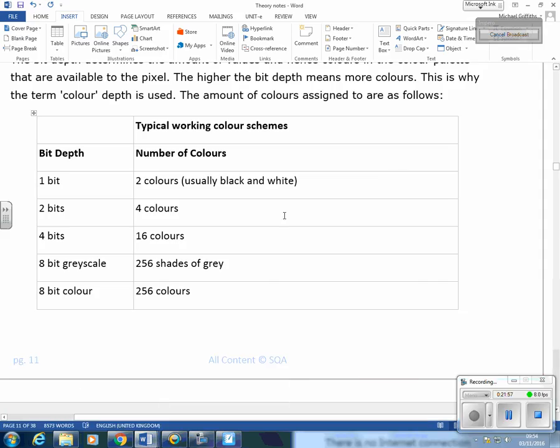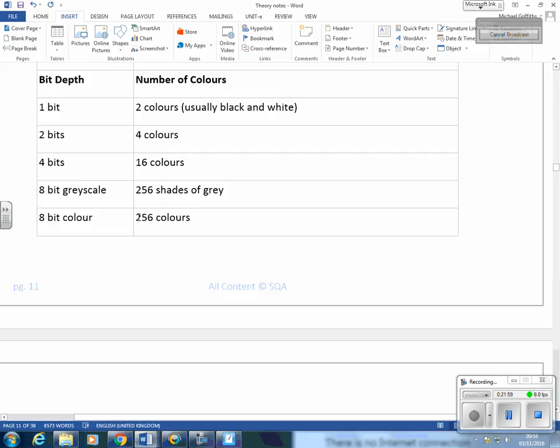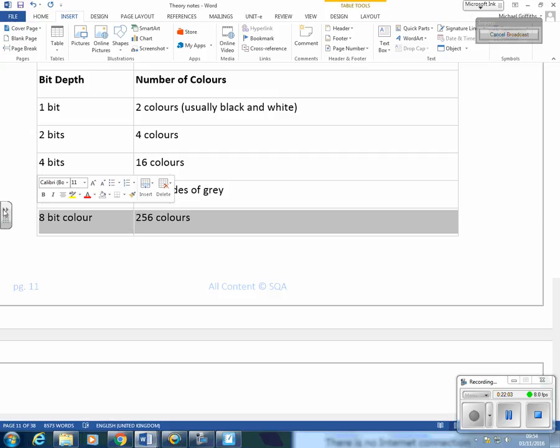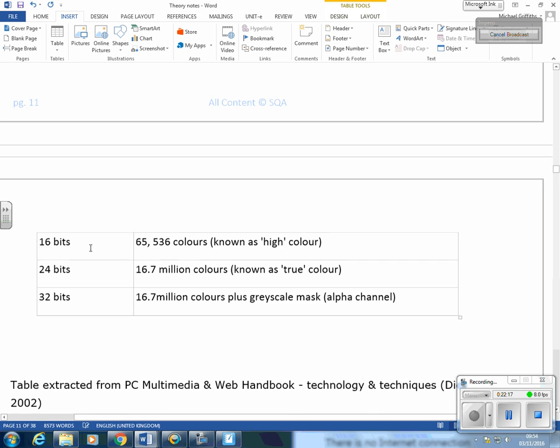Okay, so 8-bit colour can give you 256 colours, just following on. If you get 2 to the power 8, you can have 256 different possible colours from it. Again, the higher the bit rate, the higher the file size. Okay, and on it goes. 32 bits, 16.7 million.